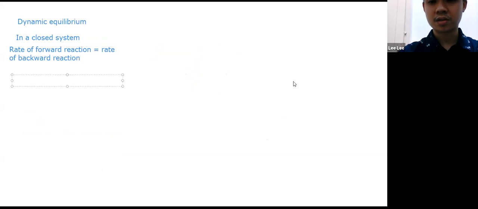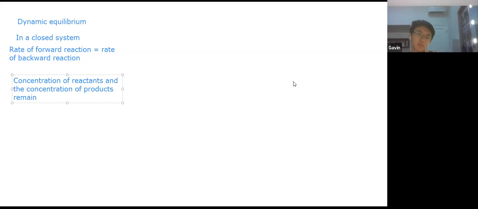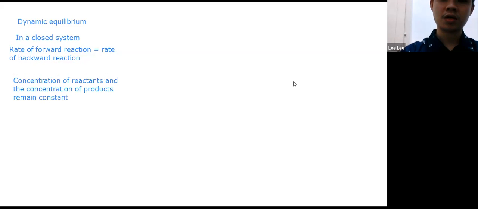The second point is that the concentration of the reactants and the concentration of the products remain constant, right? Last week I didn't bring in the complicated terms.